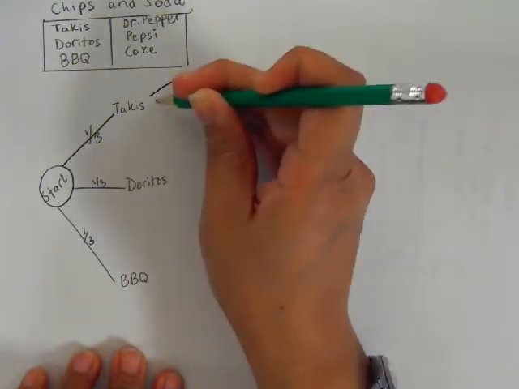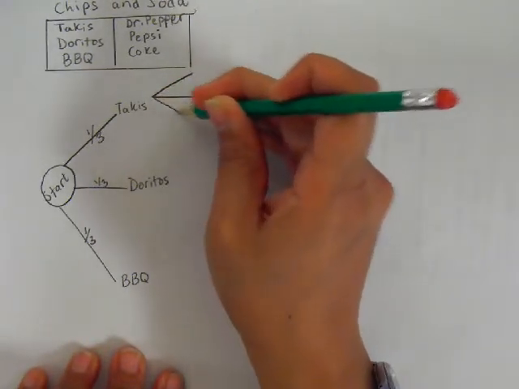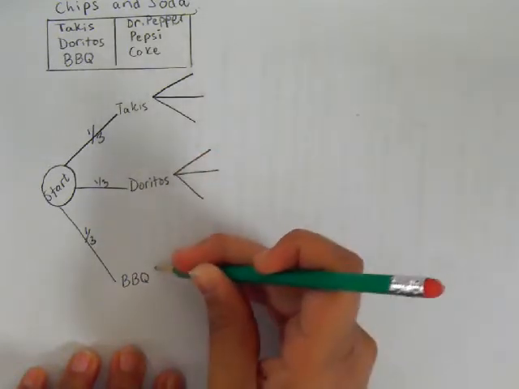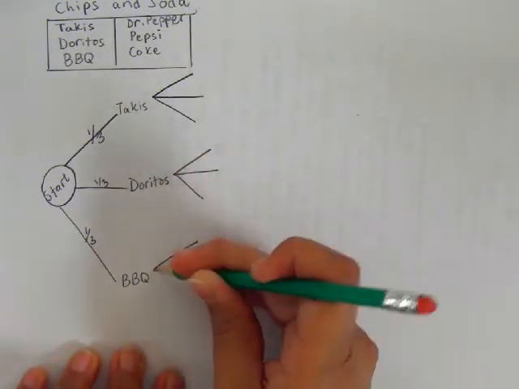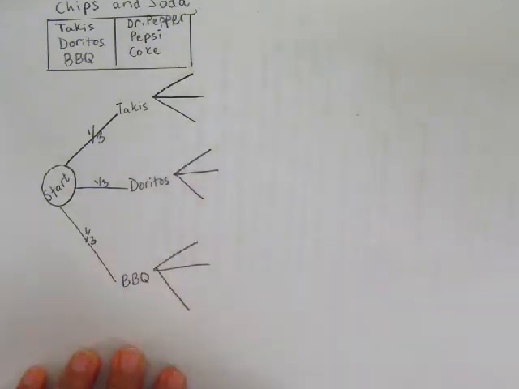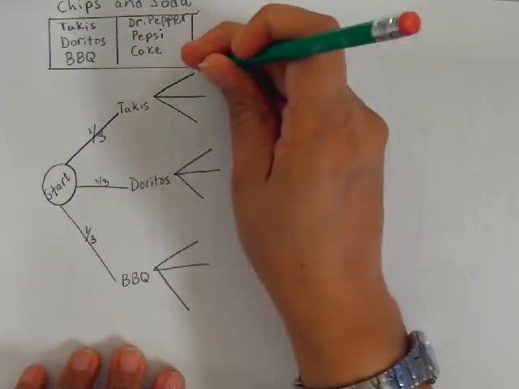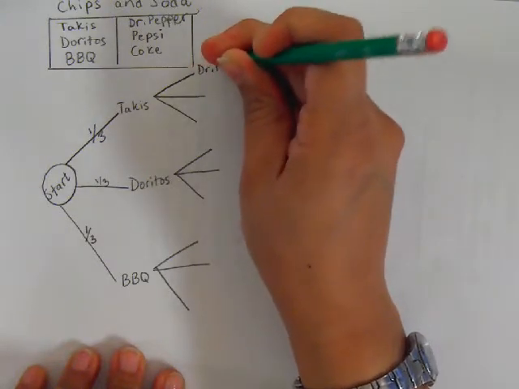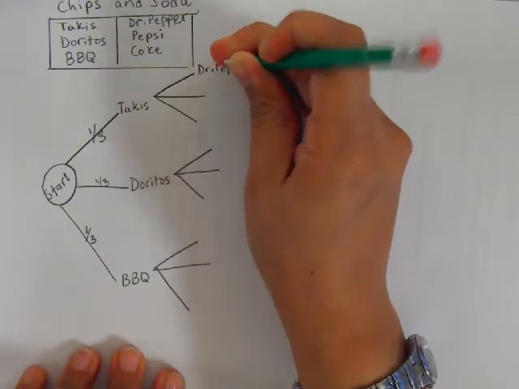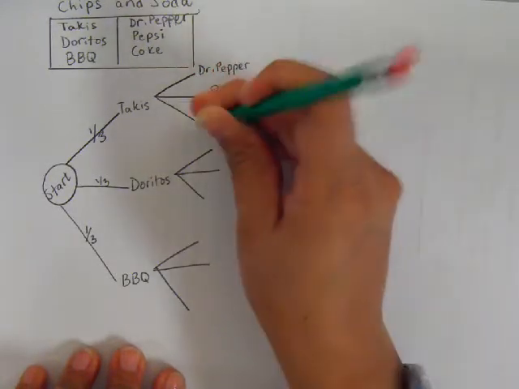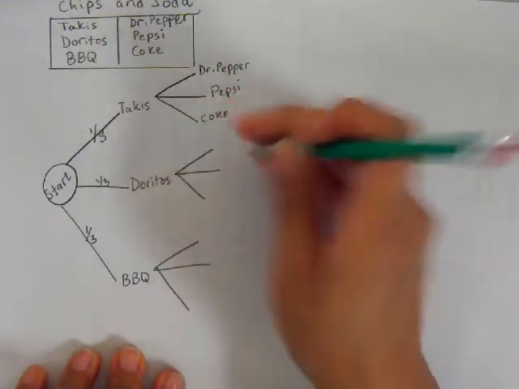So we've got 1, 2, 3. From Doritos, 1, 2, 3. And from barbecue, making me hungry. Okay, so at the end of each of them, we're going to write down Dr. Pepper, Pepsi, Coke. And we're going to do that on each of these branches.